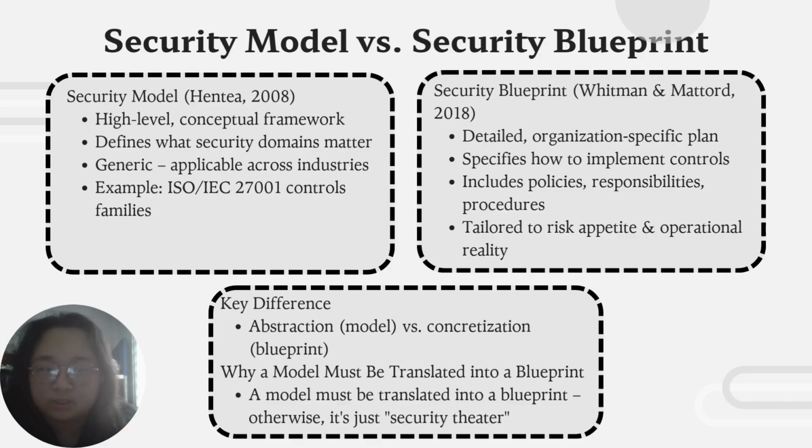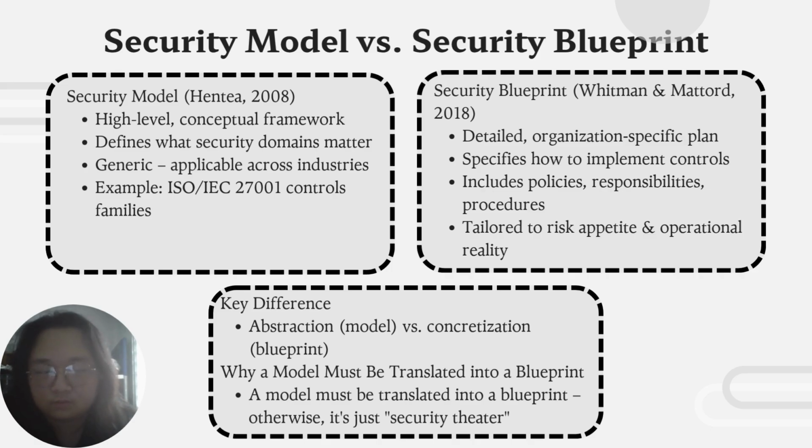A quick sum up: a security model is a high level generic guide. A security blueprint is the detailed plan with specific steps, roles, and timelines. We need both, but the model only becomes useful when you build a real blueprint for it.